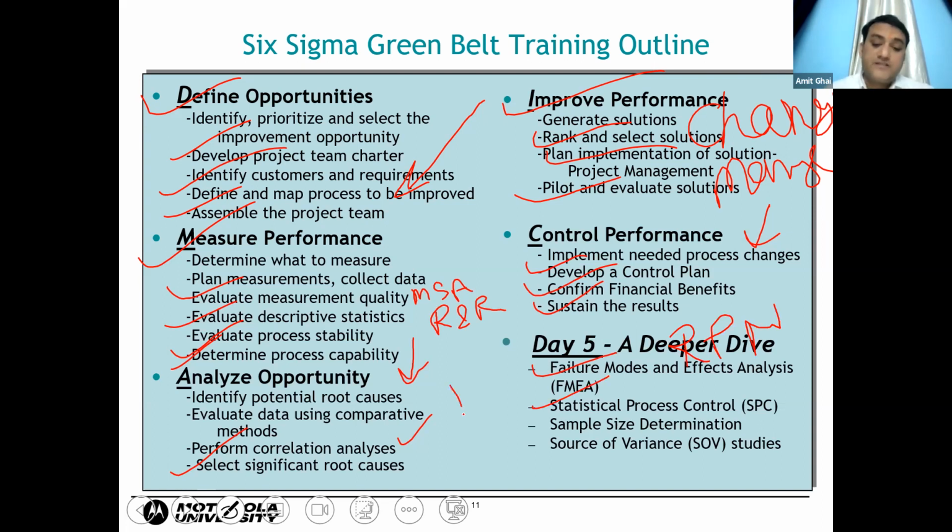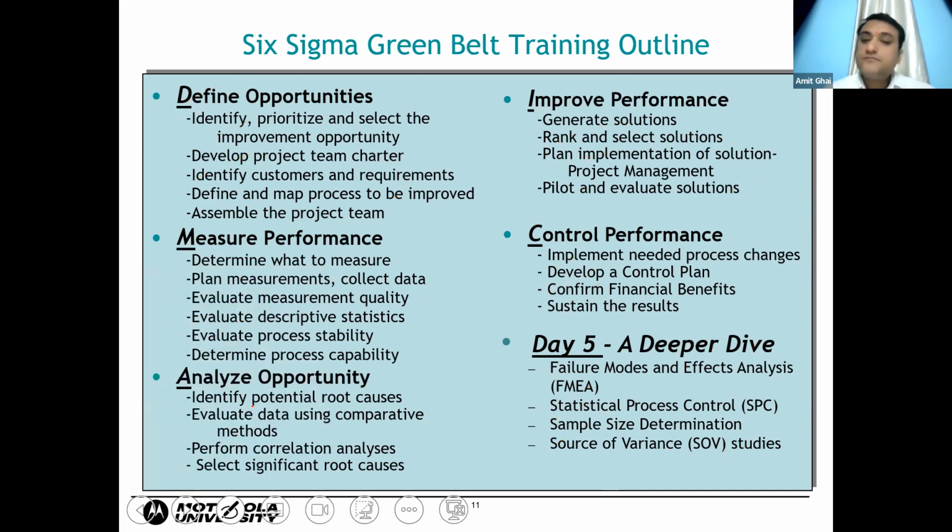So general model test, there are 14 kinds of control charts you learn here. Sample size determination, as I told you, when we say that India is 126 at hunger index, I see the problem in the sample size there, and source of variation studies through ANOVA. So these are all the additional statistical tools that you learn through your Six Sigma journey.